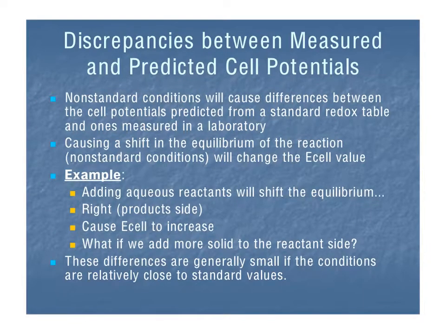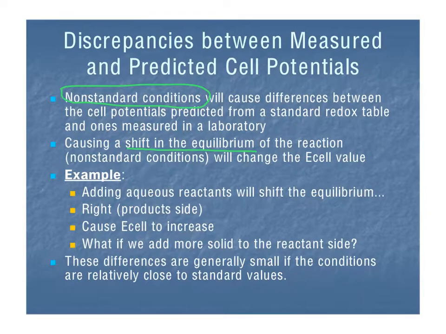Now remember, all the values reported in the table are under standard conditions. Therefore, non-standard conditions, so conditions not at SATP or not 1 mole per liter concentration, will cause a different cell potential. This is because this is causing a shift in the equilibrium either towards the products of our reduction reaction or towards the reactants in our reduction half reactions.